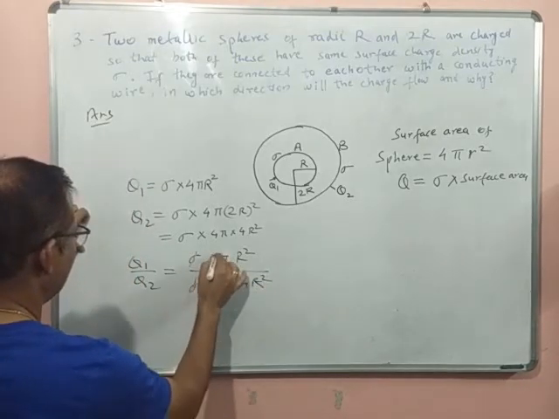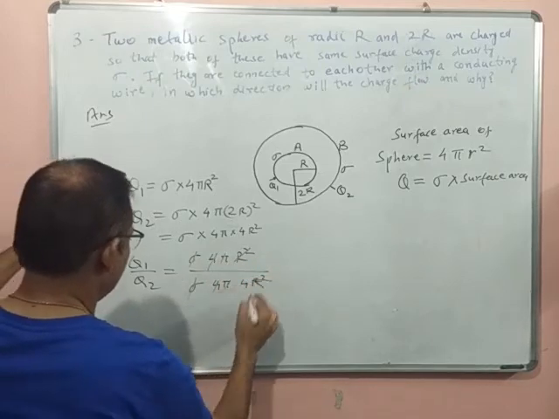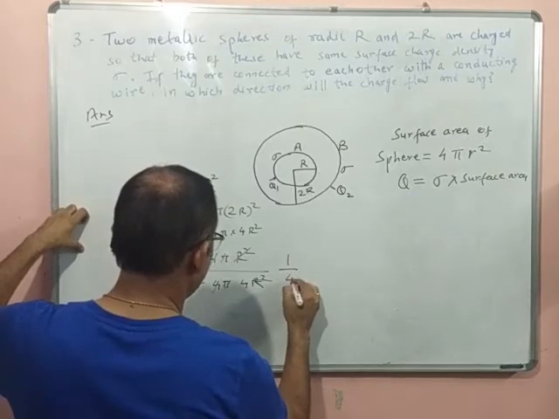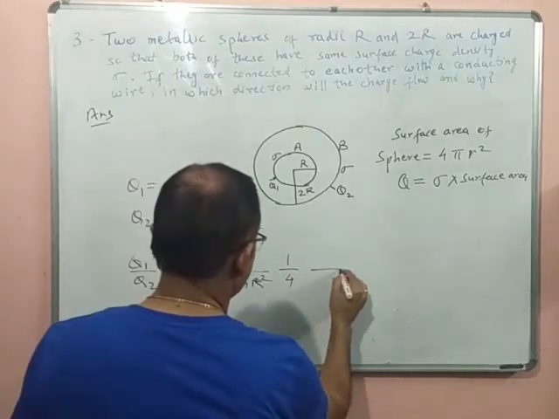So this cancels out. So here Q1 by Q2 is 1 upon 4. Take this one relation.